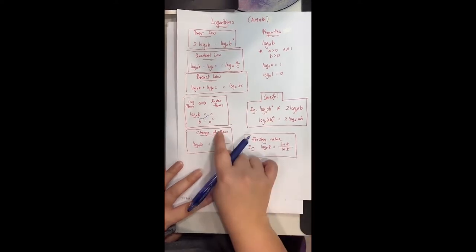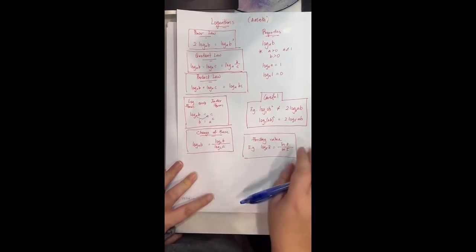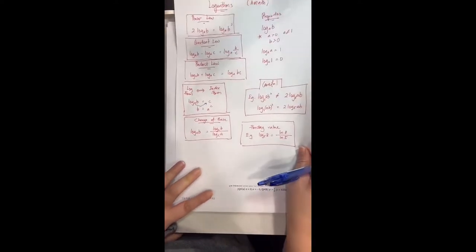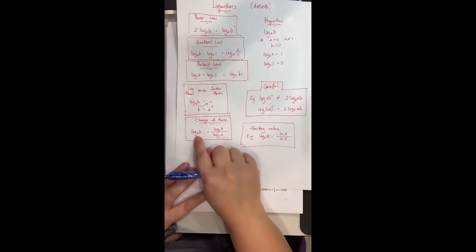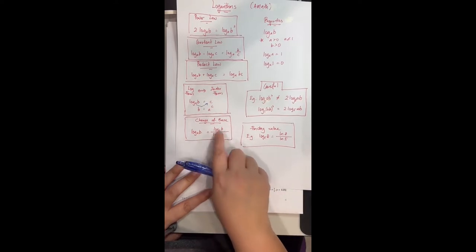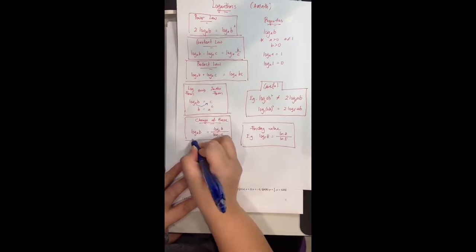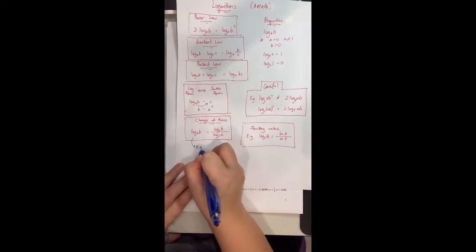Okay, change of base. Another super important rule that you need to know. So this is like log A B, for example, and you need to change the base. I want to change to base C. So just write base C. Then after that, the B is at the numerator, the A is at the denominator. Let me give an example.